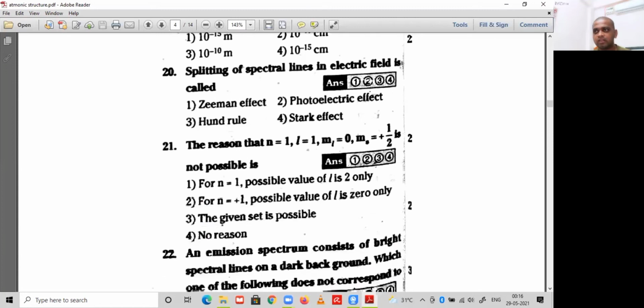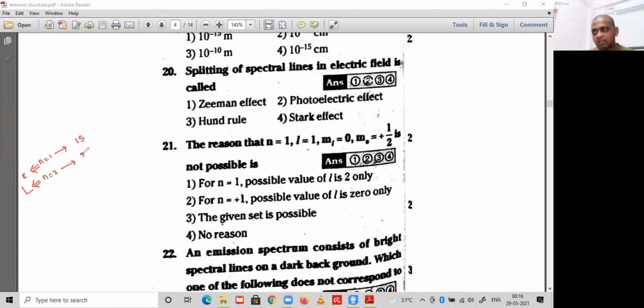Question number 21. The reason that n is equal to 1, l is equal to 1, ml is equal to 0, ms is equal to plus 1 by 2 is not possible. Look here. Before discussing this question, in n equal to 1, the first main energy level, we will have only one s subshell. Here n equal to 1 is the K shell and n equal to 2 is the L shell.